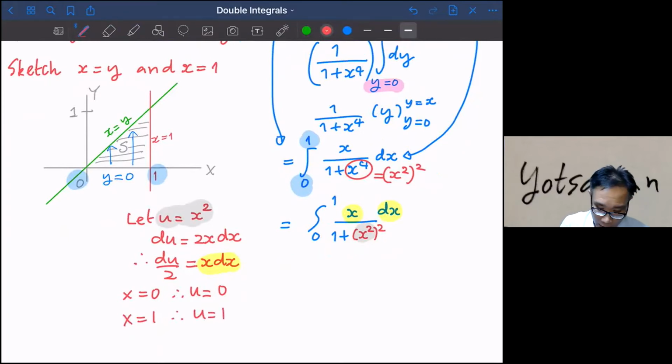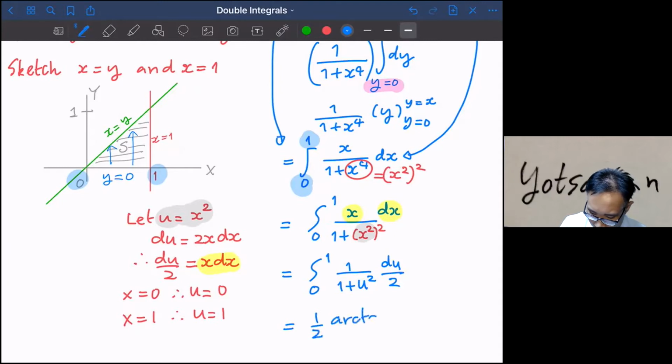And this will be the integral from 0 to 1 of 1 over 1 plus u squared, du over 2. Okay, so this will be 1/2 arctan u from 0 to 1.